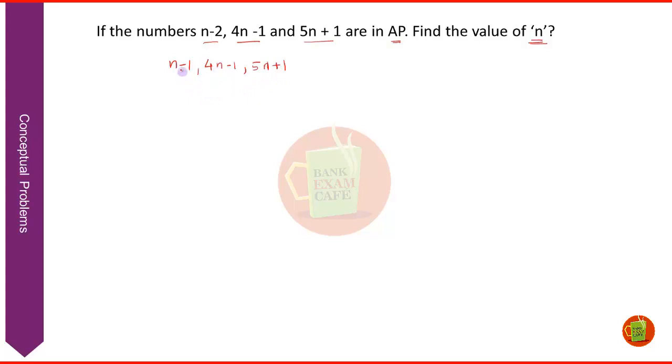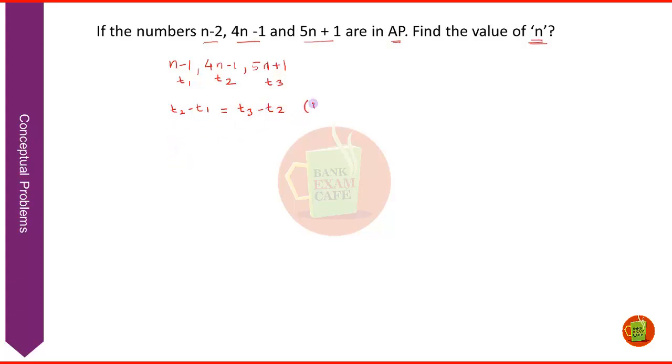So second term minus first term and third term minus second term, the difference should be the same. Then only it will be an arithmetic progression. So if this is the first term T1, the second term T2, and the third term T3, and since this is an arithmetic progression, then T2 minus T1 should be equal to T3 minus T2.